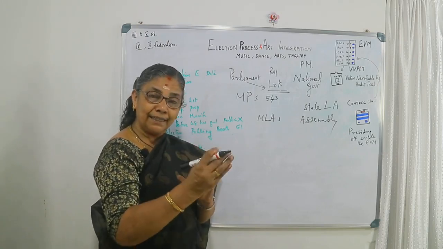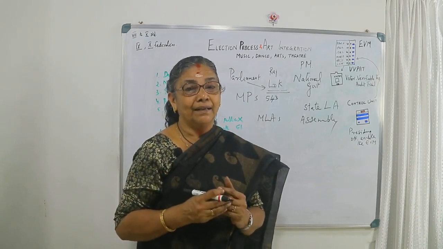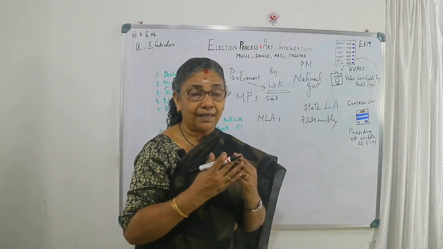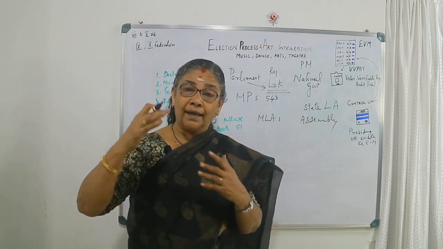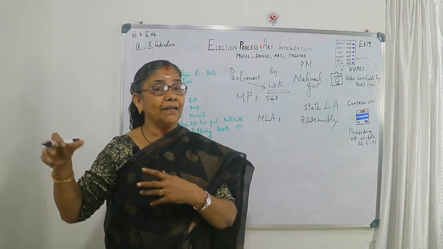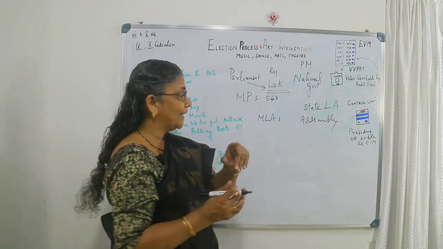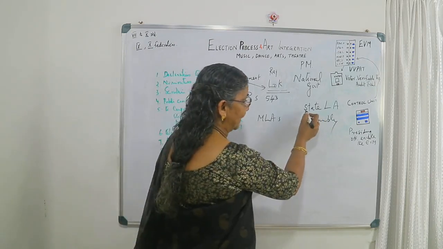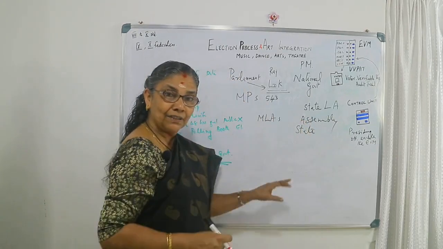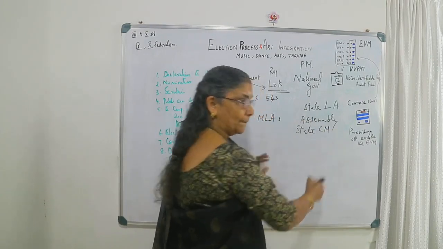Suppose no party has a clear majority of seats; then the largest party will invite some other parties who are ready to support them, they will make a coalition government, and they will form the government at the state level. The head of that party will become the chief minister.